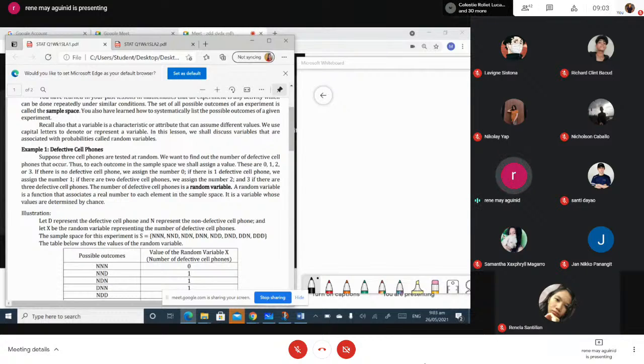If there is no defective cell phone, we assign 0, 1 if there is one defective cell phone, and of course 2 and up to 3. So how will we do it using a tree diagram? If you are going to select 3, there are possible combinations.